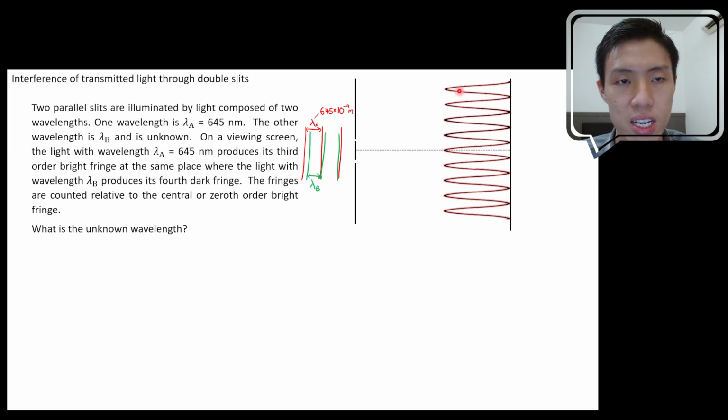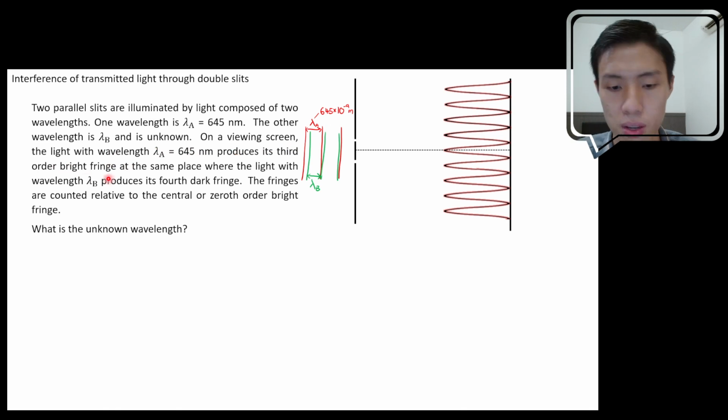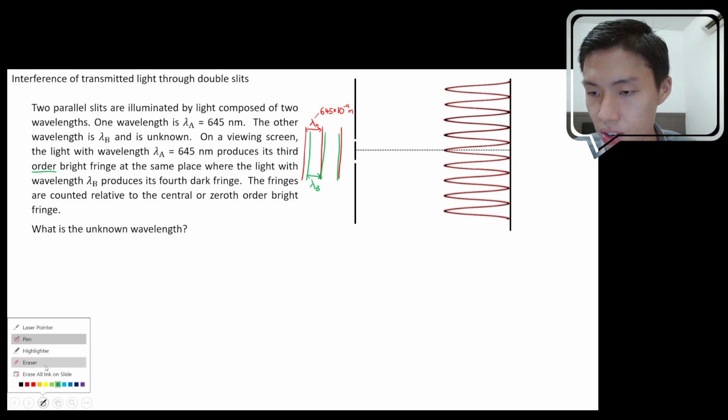I already sketched it, with consistent brightness for all the bright fringes and dark fringes. We need to know where the overlap will happen. The overlap is happening for lambda A's third order bright fringe. Sorry, this needs to be in green, and this needs to be in red.